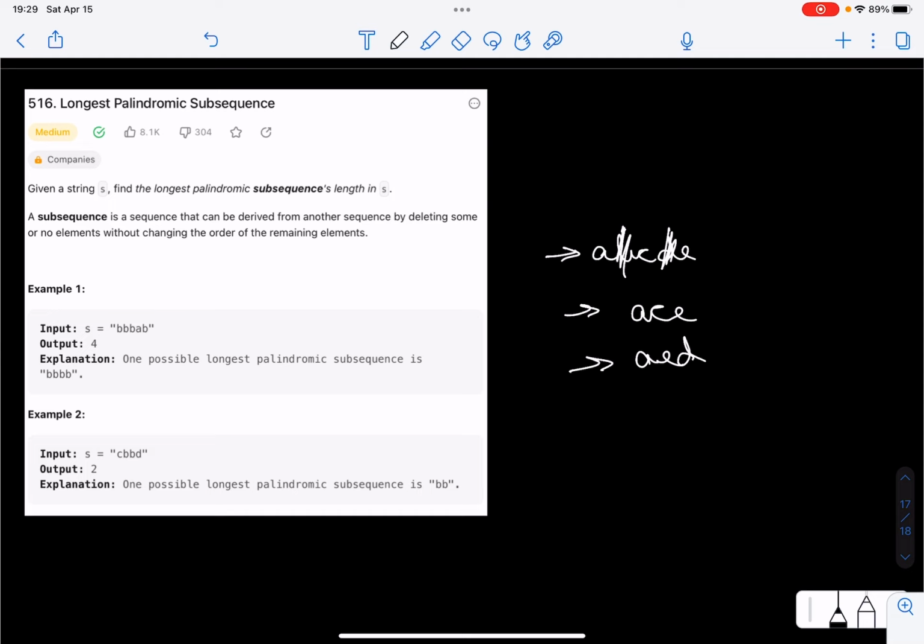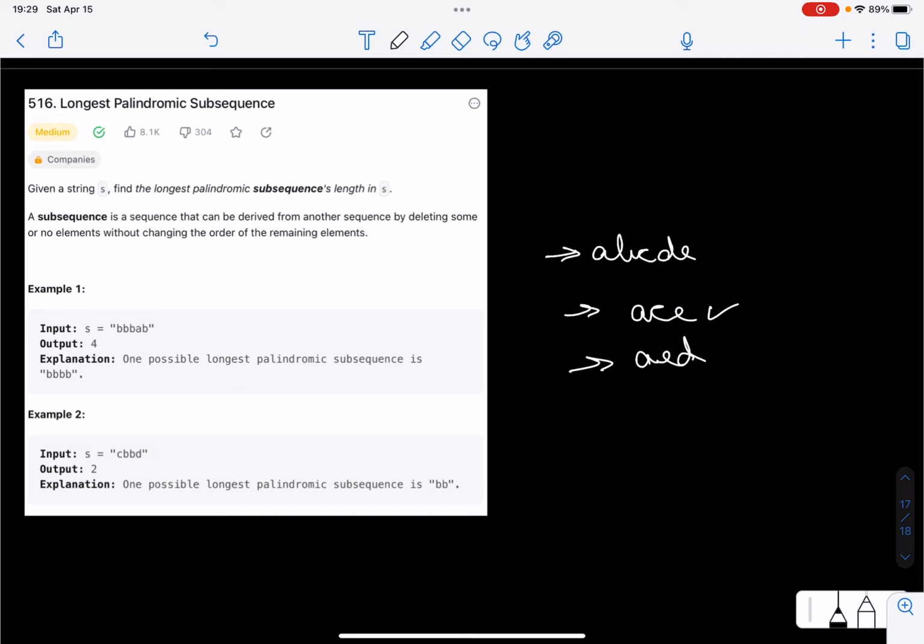So essentially, by definition, a string that can be obtained from a given string by the removal of zero or more characters is a subsequence. But one important thing to note is order matters.